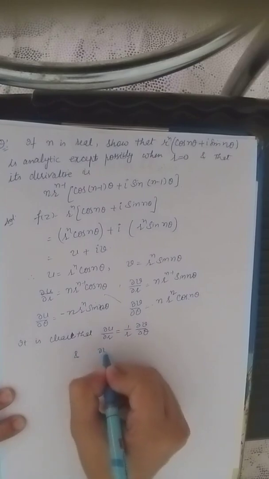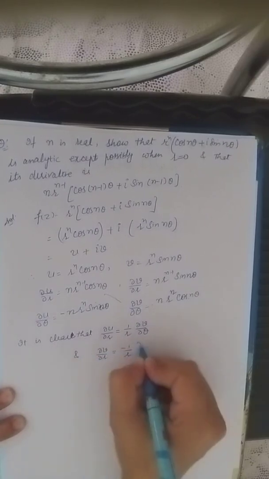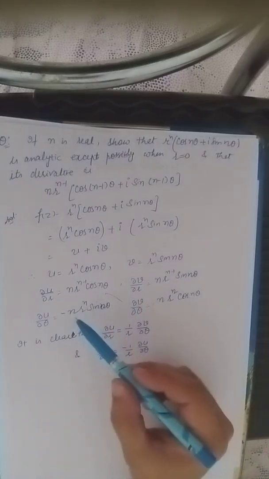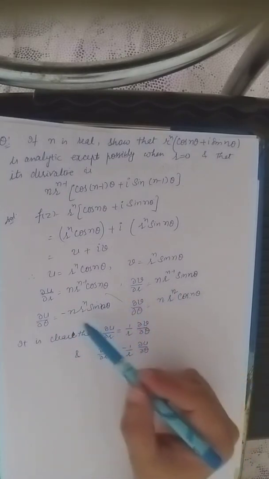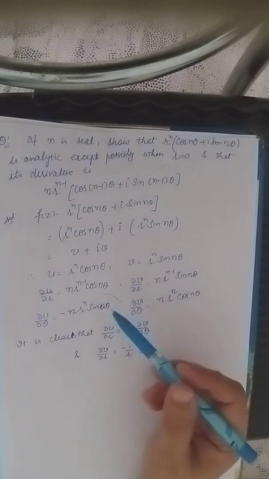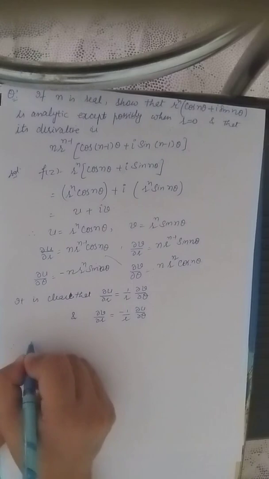And ∂v/∂r is minus (1/r) ∂u/∂θ. You have to divide ∂u/∂θ by r, and both of these will get equal when one is multiplied by a negative sign. And therefore these are the CR equations.